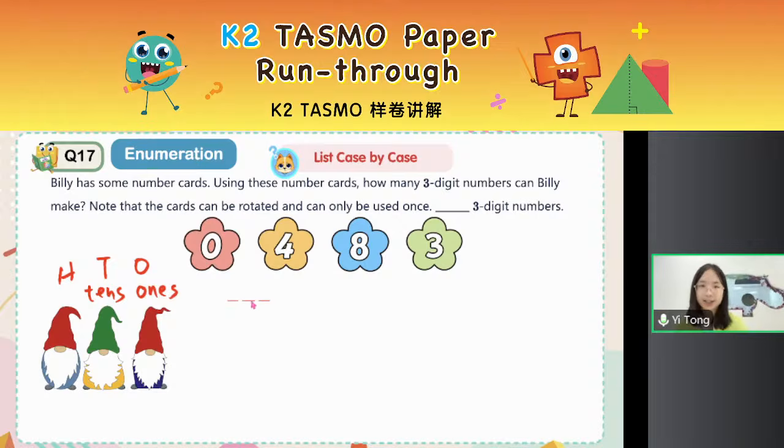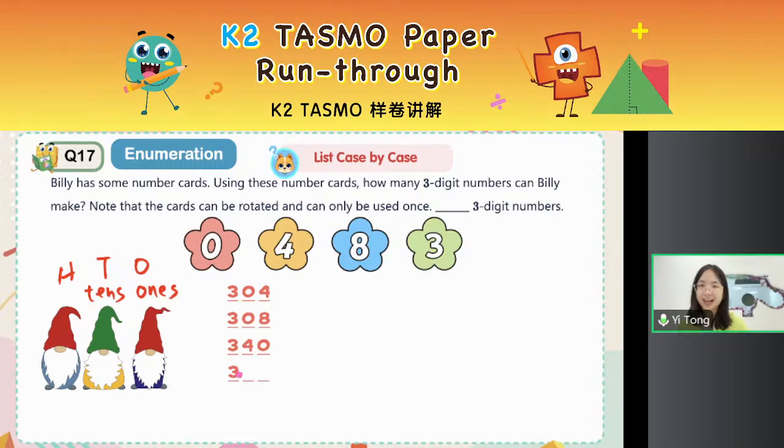So let's write them out. 3. What is the smallest number I can make with 3? 304. The next one, 308. Next one, 300. Now we can put 4 in the tens place. 4 and then 8. No, 0 first.